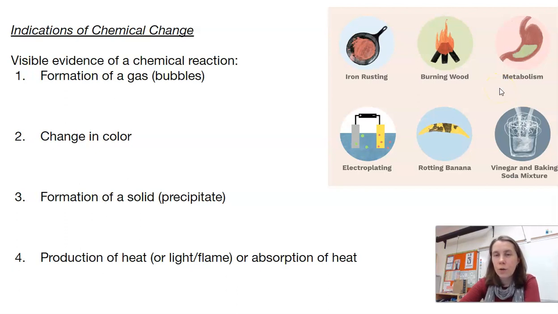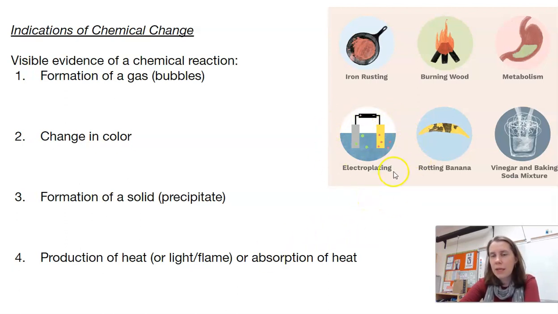If you imagine it going through your body, lots of different steps happen. Sometimes we form a gas. The color of the food after you've digested it is definitely different. It's hard to say that we formed a solid because most of our food is solid going in. And temperature changes probably do happen, but it's inside our body, so not as easy to witness.